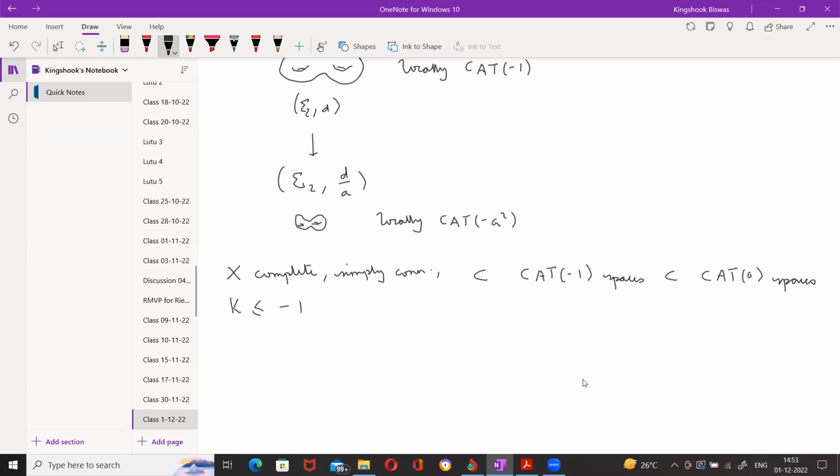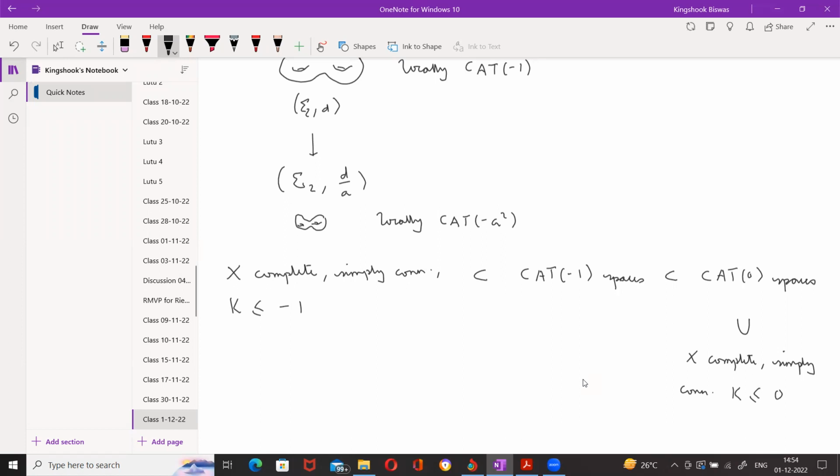Here, CAT(0) spaces also contain non-positively curved manifolds: complete, simply connected, sectional curvature less than or equal to 0.